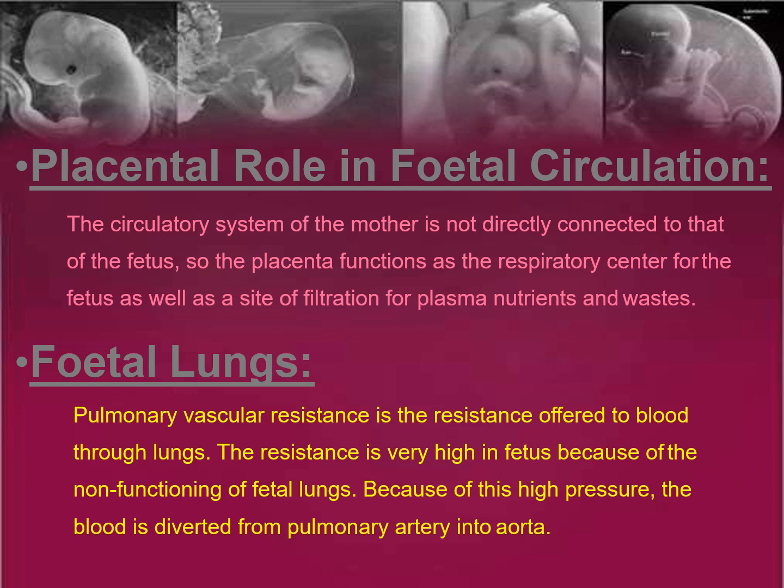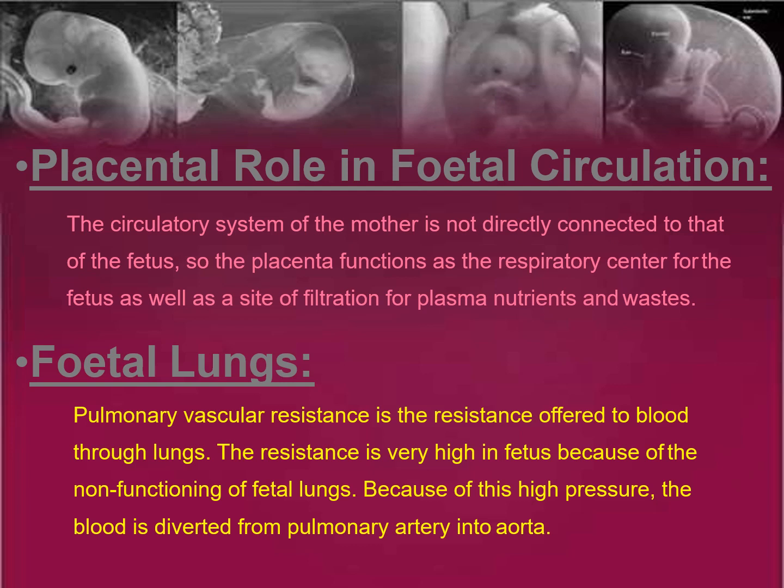Next is the fetal lungs. Pulmonary vascular resistance is the resistance offered to the blood through the lungs. The resistance is very high in the fetus because of the non-functioning fetal lungs. Because of this high pressure, the blood is delivered from the pulmonary artery into the aorta. The fetal lungs do not take part in the respiratory process or in the exchange of carbon dioxide and oxygen.